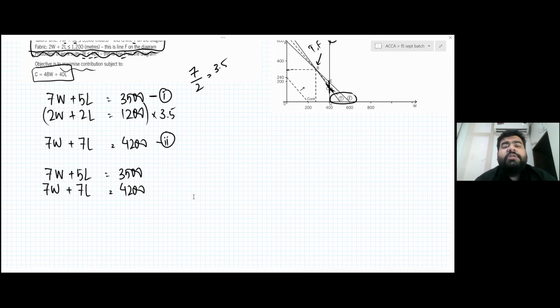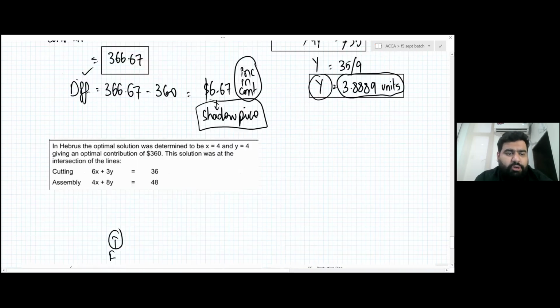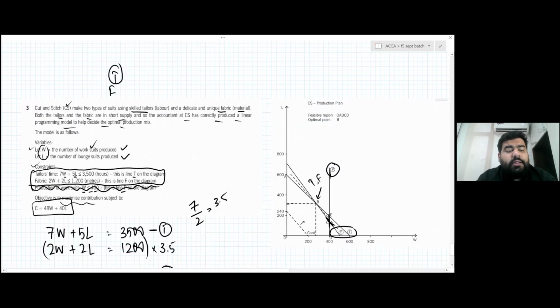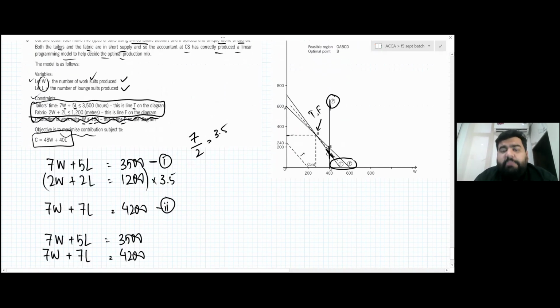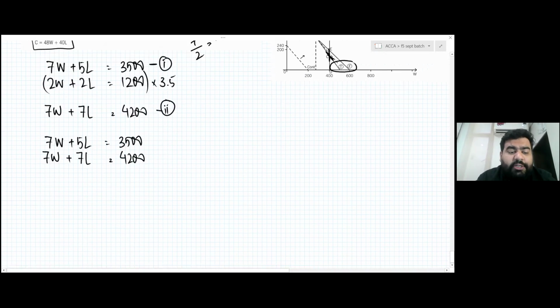But first, obviously, we need to know the units and contribution before the shadow price. In the earlier question, they had already given you the units and the contribution, but here they haven't given anything. So you have to first calculate the number of units, the general normal units and normal contribution, before calculating the shadow price. Then if we want to calculate the shadow price, we'll do that afterwards by increasing 1 unit of the constraint for which we have to calculate the shadow price.